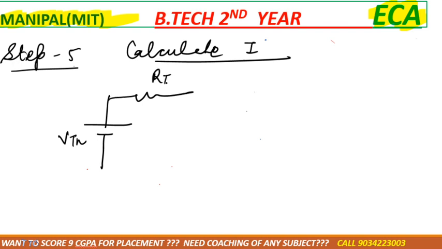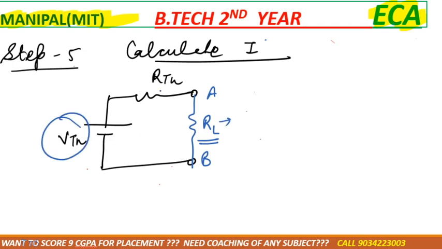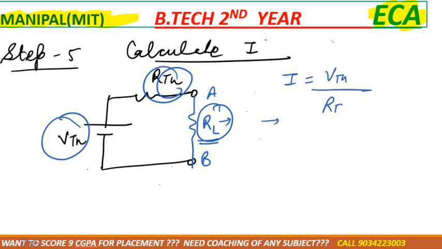You already calculated RTH, put it in series and then combine it with RL, which you already removed at A and B. VTH value you calculated, RTH value you calculated, RL value you already know, right? So I would be equal to VTH divided by RTH plus RL. Now you just need to substitute the values and then you will get the answer.